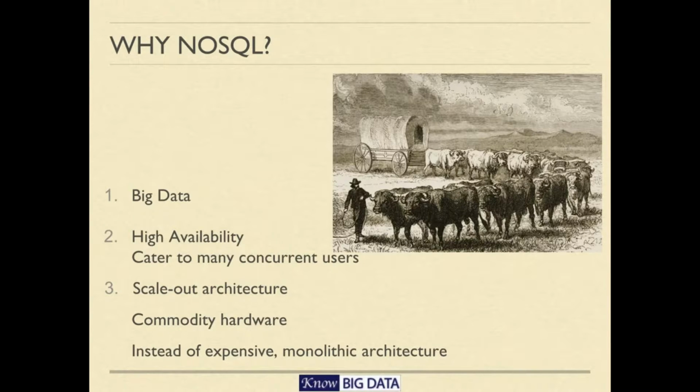Second, we want reliability and availability, meaning in case there are many concurrent users or in case there is a hardware failure, your system should survive that. Third, you want scale out architecture. Scale out architecture is the solution to the first two problems, kind of, because you slowly keep on adding hardware whenever you require.